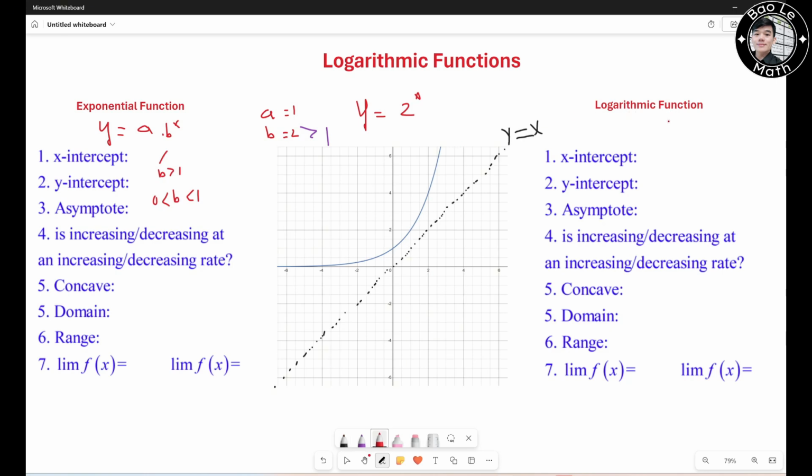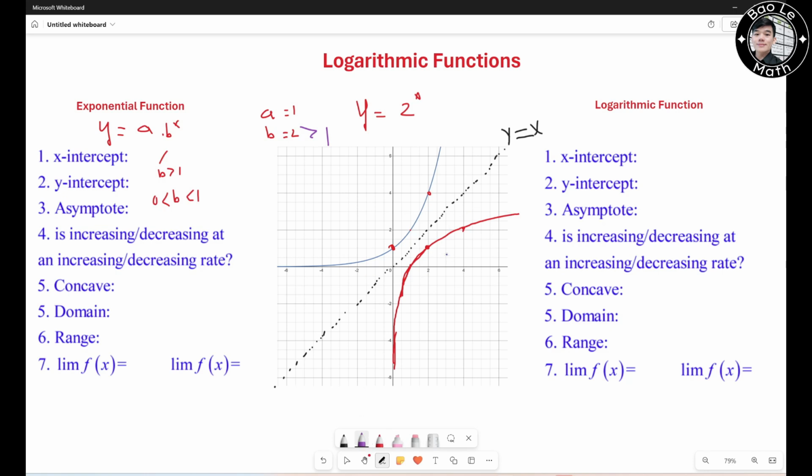Now the logarithmic function will be the reflection of the exponential function over the line y equals x. The y-intercept here, (0, 1), becomes the x-intercept here, (1, 0). Pick another point: (1, 2) becomes (2, 1), and (2, 4) becomes (4, 2). And then you just connect these points.